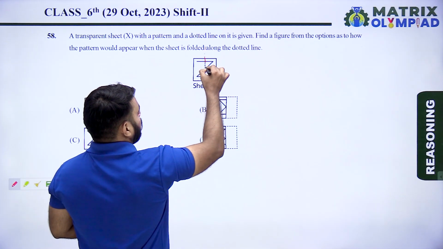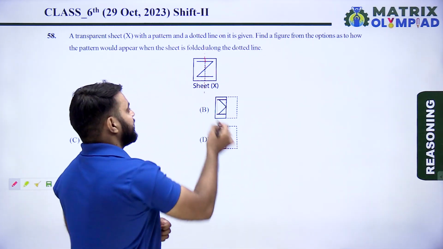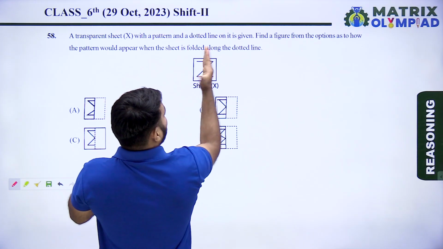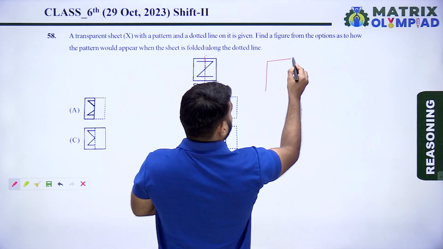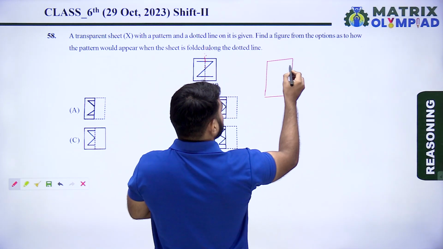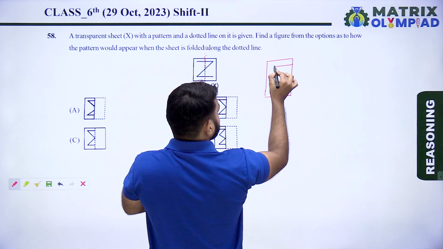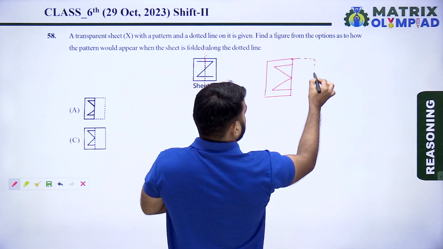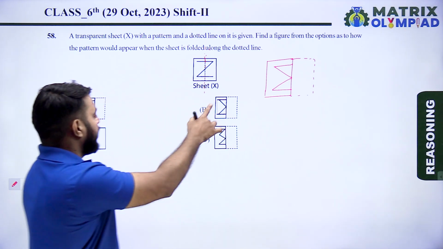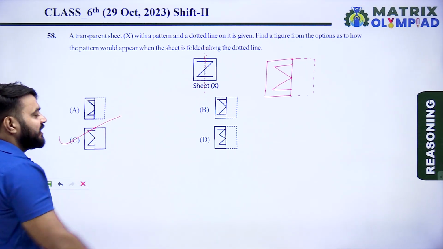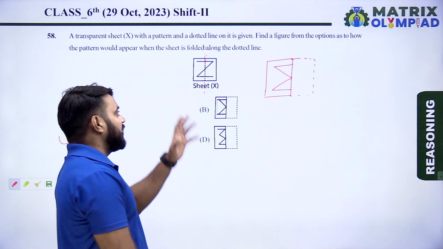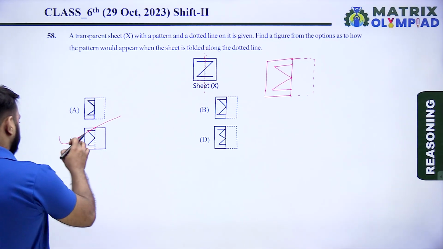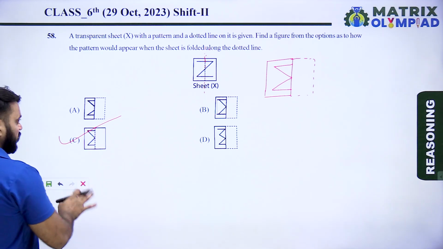So find the folded figure of the sheet X. When the given image is folded along the dotted line, then the image will look as follows. So it means option C is the correct folded image of the sheet X. So the right answer is option C. So let's move on to the next question.